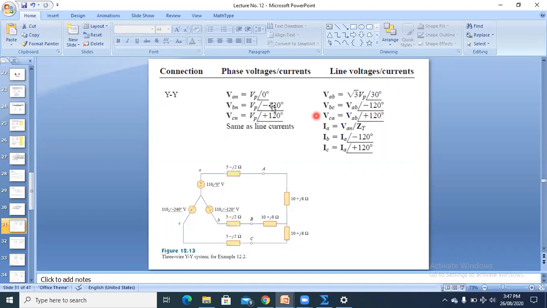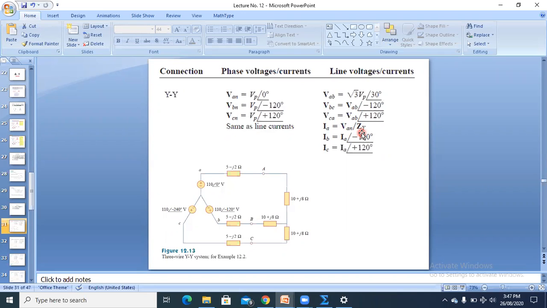So in short, we can say in a Y to Y system, the line voltage is √3 times Vp, the phase voltage, right? What about the line current? The line current is the line voltage divided by the total impedance of the line.